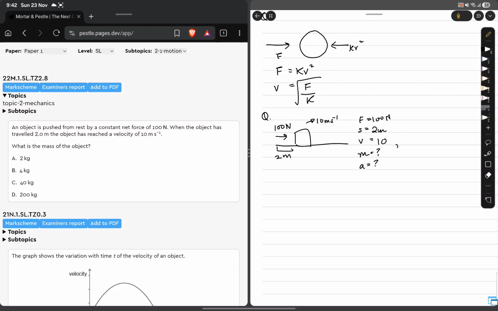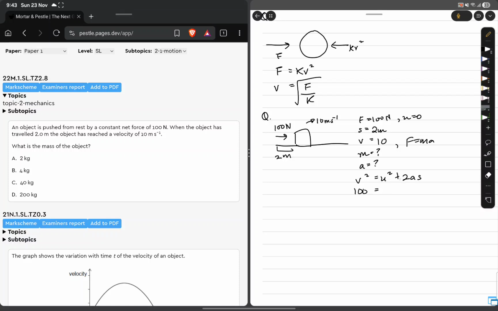What SUVAT equation do we use? Also, u is 0. We're going to use the one without time. So it's going to be v squared equals u squared plus 2as, which is going to be 10 squared, which is 100.